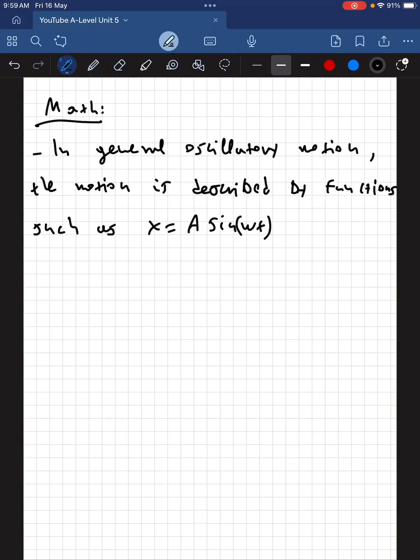So the displacement with respect to time is equal to some displacement a times sine omega t, or x equals minus a cos omega t, or x is minus a sine omega t, etc.